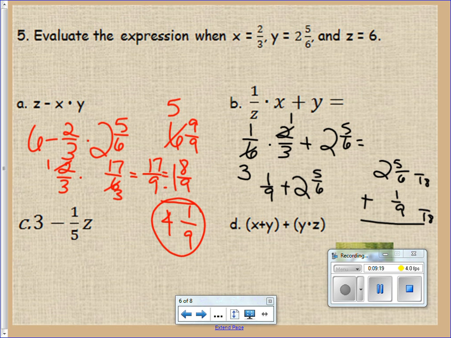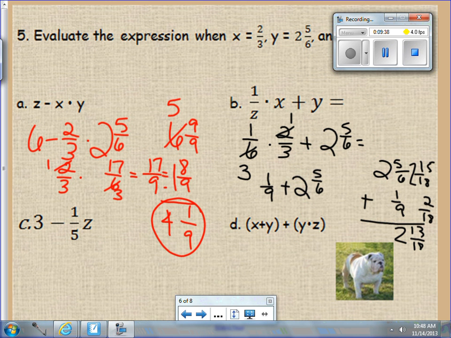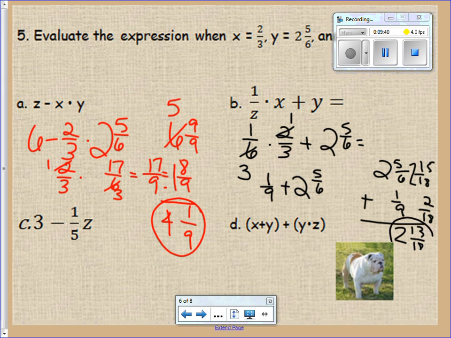I need to remember to bring my whole number over. My final answer is 2 and 13 over 18.